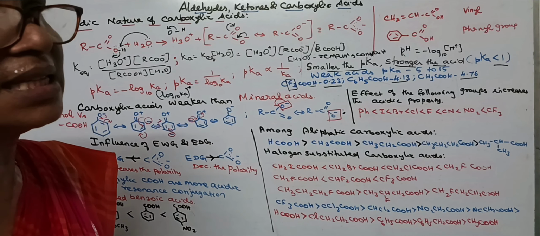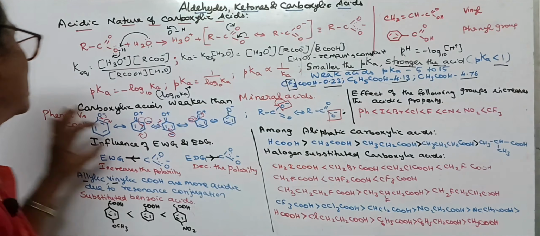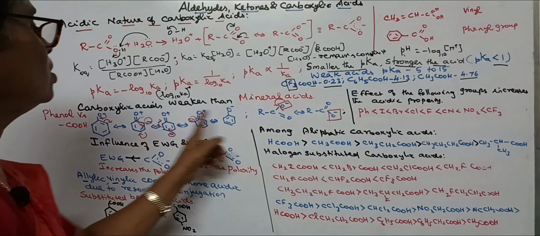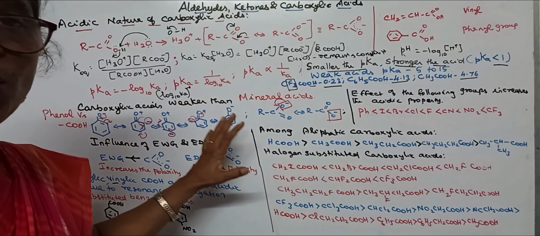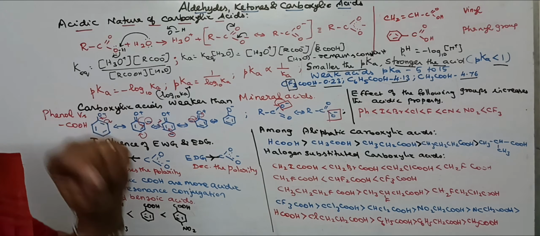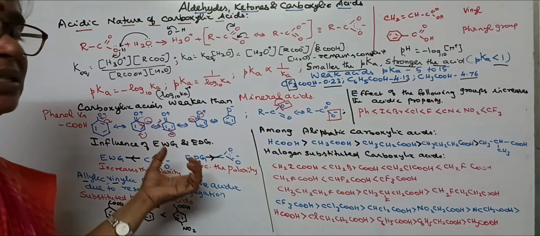This is the reason why carboxylic acids are much stronger than phenols. The only point is that we have to write down the contributing structures, and based on the resonance contributing structures we discuss how the negative charge is delocalized.